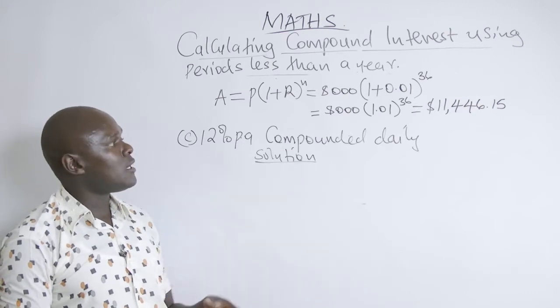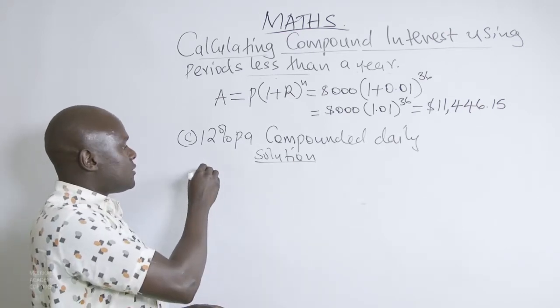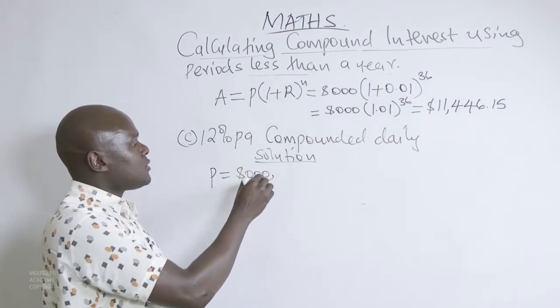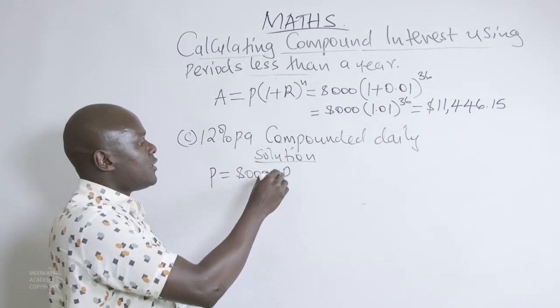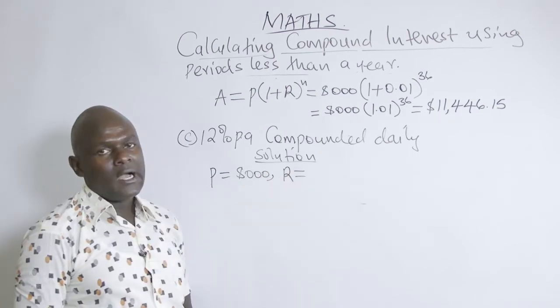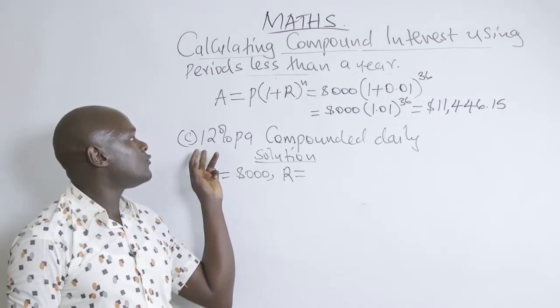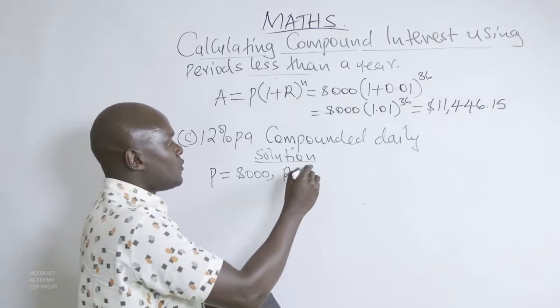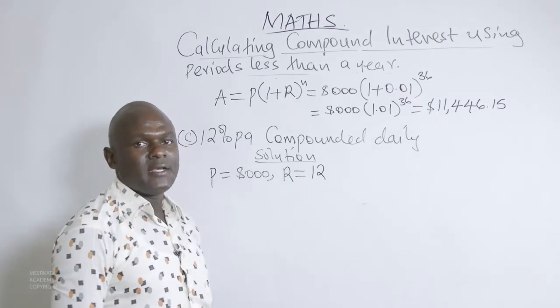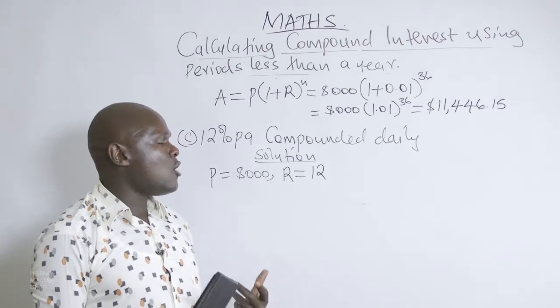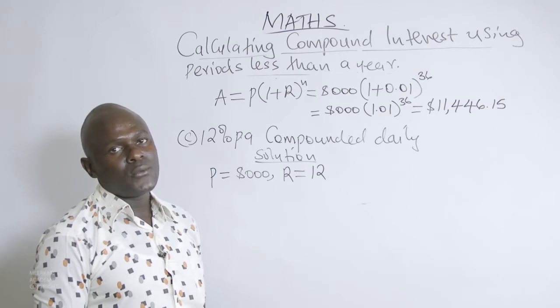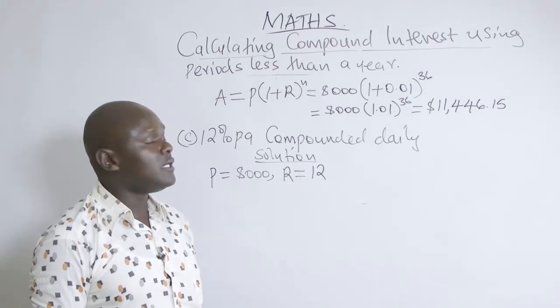We need to list down the various terms. Our principal is still $8,000. The rates are still going to change. We have 12% per year. So we need to get the rates per day. In a year, how many days do we have? We have approximately 365 days.